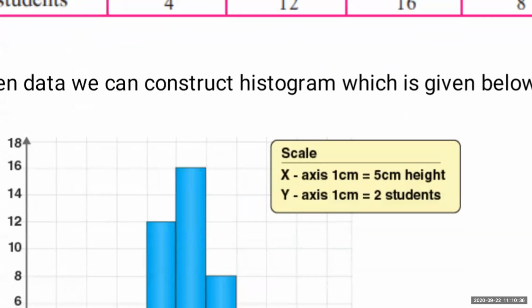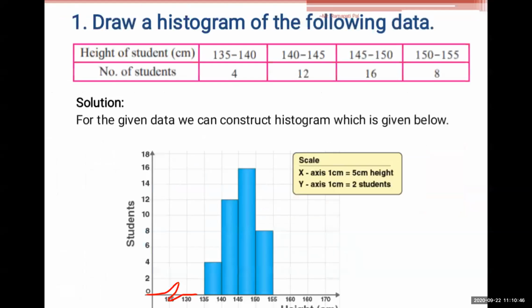You have to remember what we are drawing on the x-axis, and on the y-axis the frequency, correct? So you have to take the scale on the x-axis, whatever is convenient for us, and on the y-axis too. And this is compulsory, okay? You have to take it.